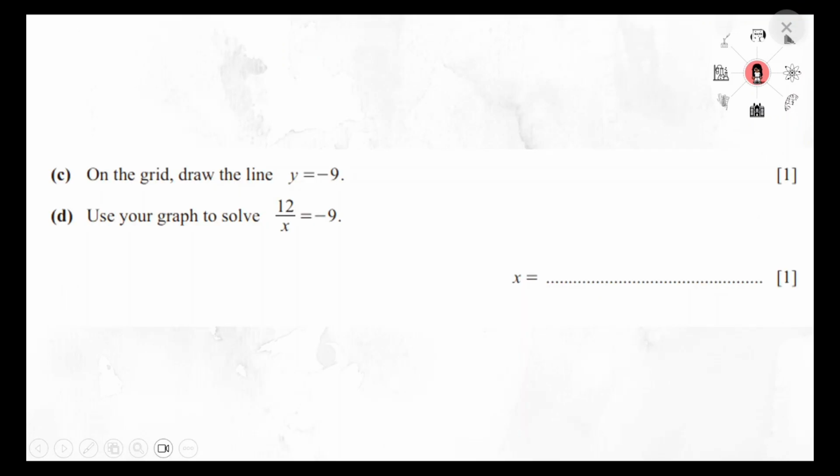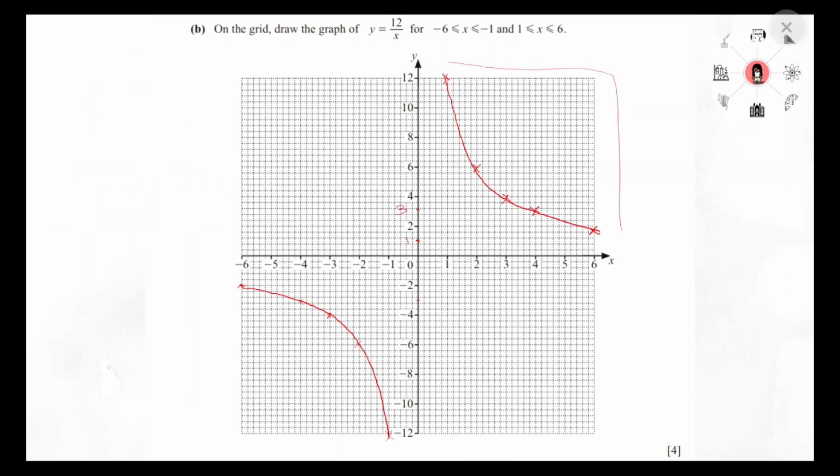C. On the grid, draw the line y equals minus 9. Let's go back to the graph and draw that, which is a horizontal line right across minus 9 on the y-axis. So over here, minus 9 is here. So we're supposed to draw a horizontal line. Please use a scale.